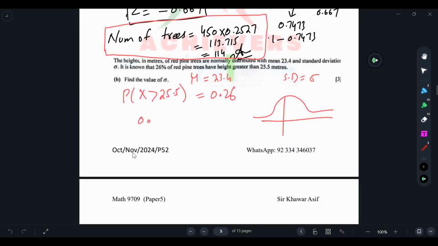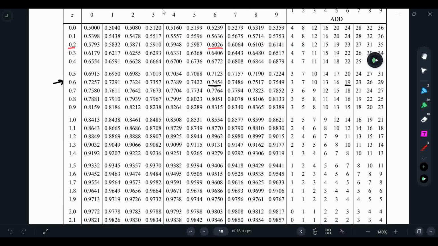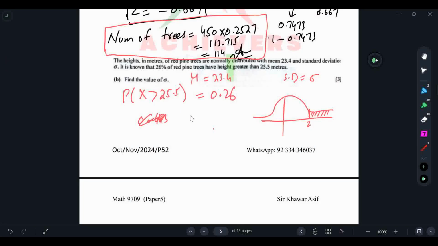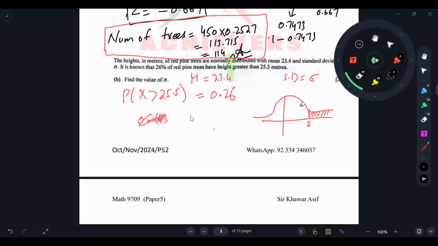Now the question was, it was greater than this, so we need to find out this thing. Greater than this means 1 minus 0.26. If we use the table again, we will get the value 0.643.